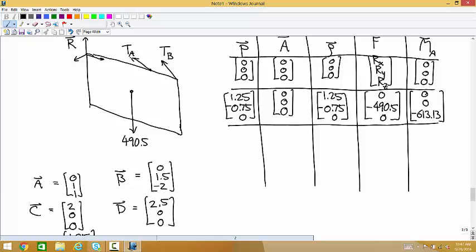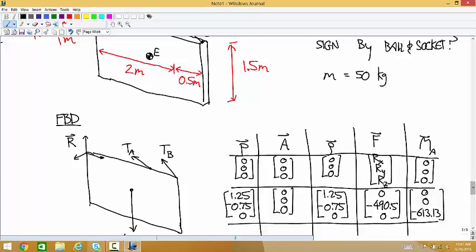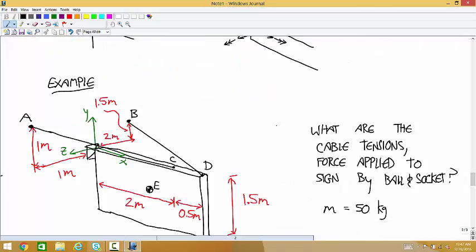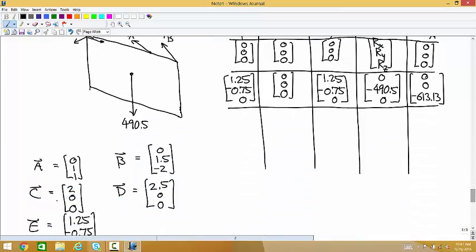So now we'll go to the force produced by that cable going to A, that tension TA. The location where that's applied is the point C, right? That cable force is applied to the sign at the point C. So the location where that force is applied is 2, 0, 0. About point is 0, 0, 0.